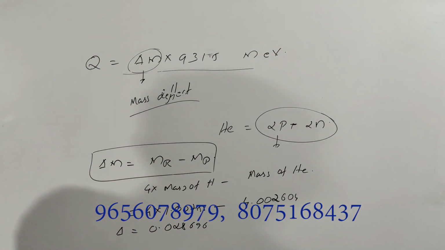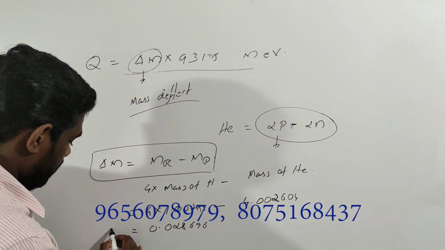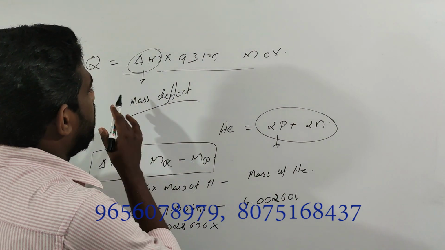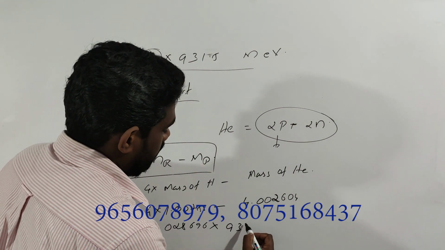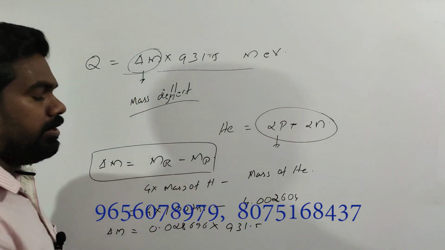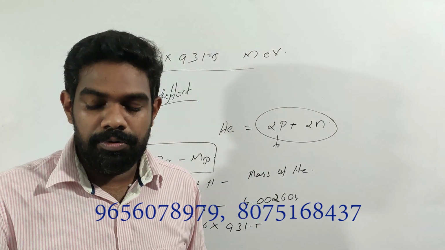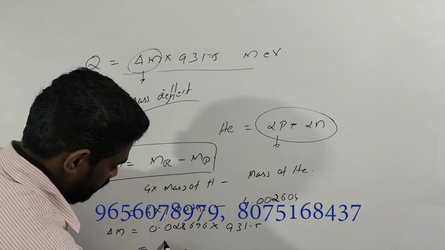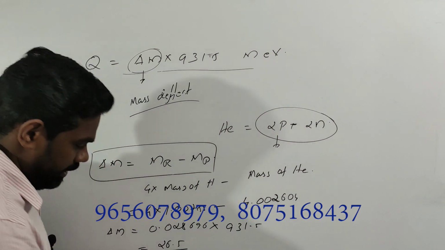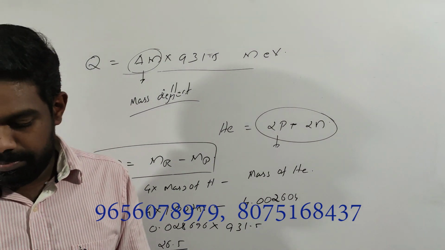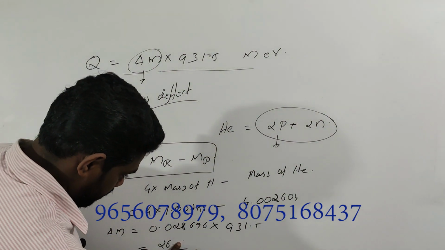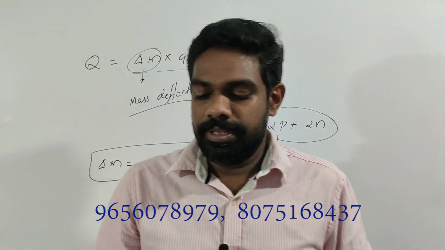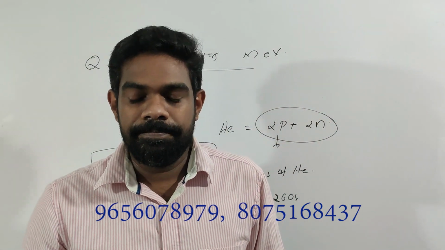So this is delta M. If we multiply this by 931.5, we get the answer in mega electron volt, which is 26.7 MeV. That's how we get the answer.